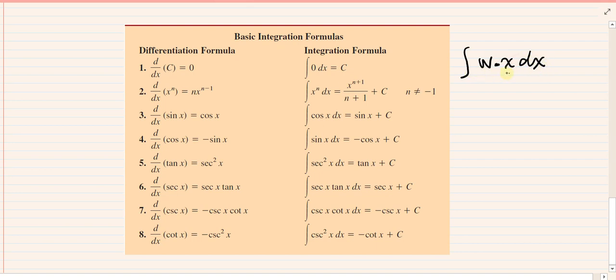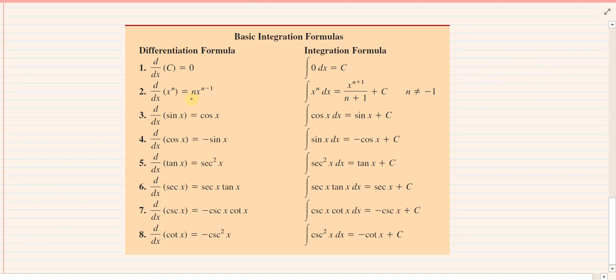Although x and w look like variables, because the variable of integration is x, because I see dx, we actually treat w as a constant. So w is no different than 100, although it looks like a variable, it's not treated as a variable. So that's the role dx plays.